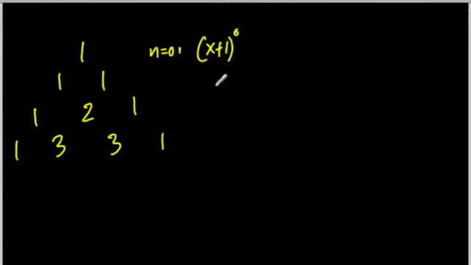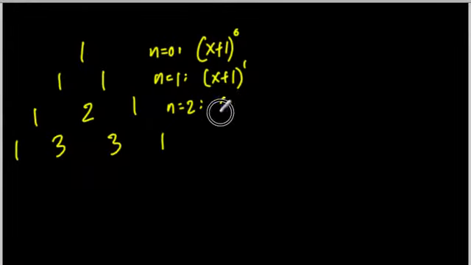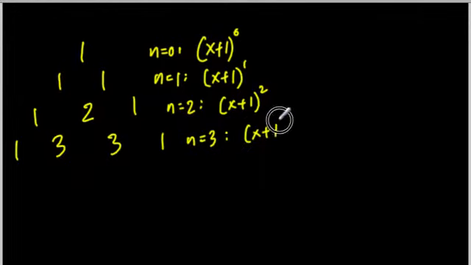The next row will be n equals 1, because it's x plus 1 to the power of 1, n equals 2 is x plus 1 squared, and I'm going to call this row n equals 3, which is x plus 1 to the power of 3.